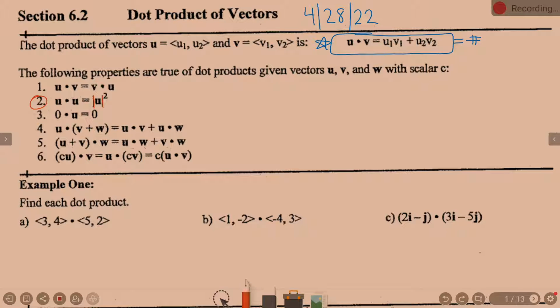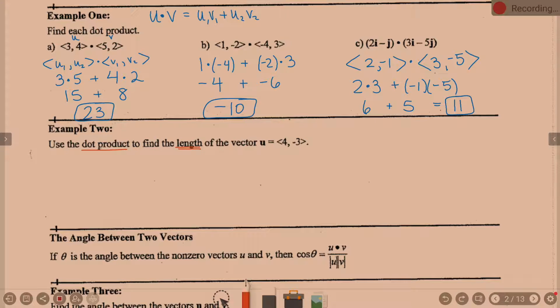So the idea that u times u is the absolute value of u squared. So this is property number 2 from above. And property number 2 from above says that the absolute value of u squared is equal to u dot u, u times u, right?